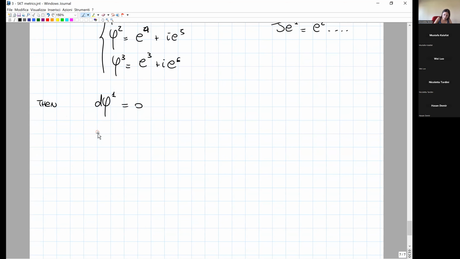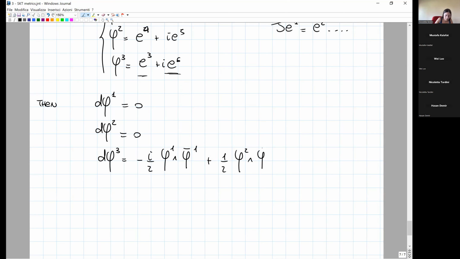And similarly, also dphi2 is equal 0. But dphi3, you can check that it's not 0, because it's the differential of e3 and e6, and they are not closed. And you can check that this is minus i over 2 phi1 wedge phi bar 1, plus 1 over 2 phi2 wedge phi bar 2.